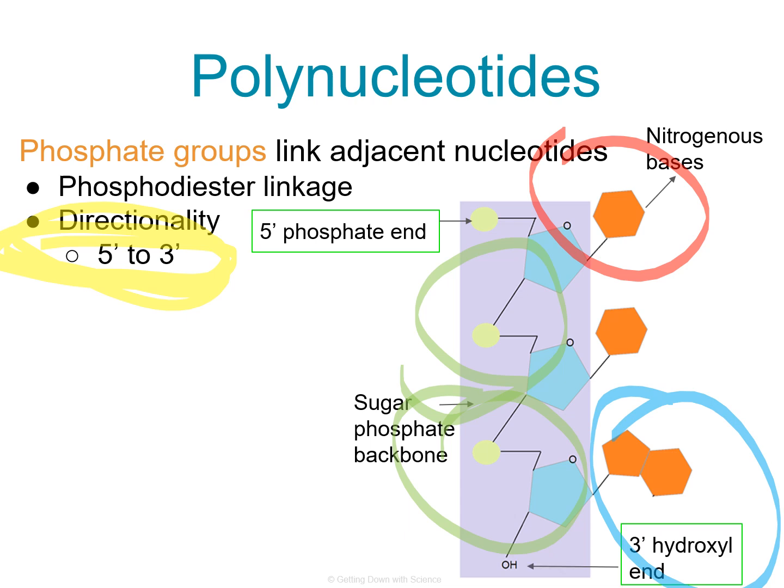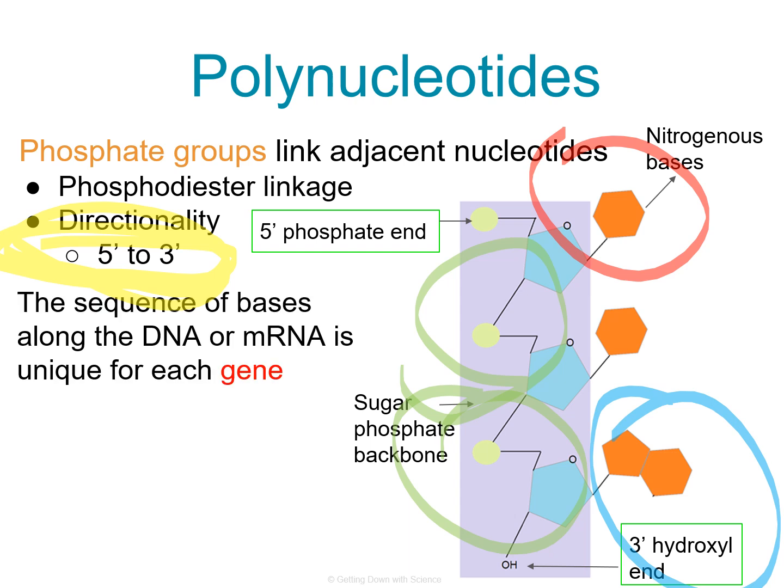So you see the 5 to 3, and most of the time we are going to write those on there. The sequence of the bases along the DNA or the mRNA is unique for each gene. It is super unique because the structure is different than the function. And a gene is a piece of that genetic hereditary information.